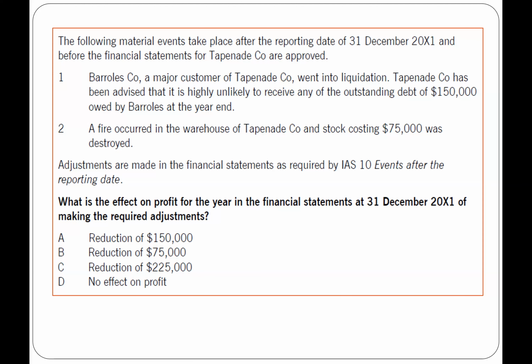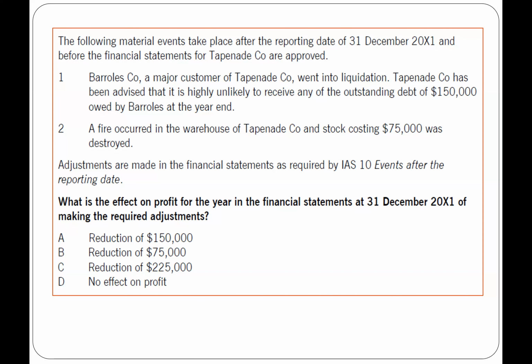We just didn't know about it, which means we need to go back and debit irrecoverable debts by 150,000 and credit our receivables by 150,000. Our question is talking about the effect on profit, which means between the two legs of the transaction, what affects profit is the irrecoverable debts of 150,000, which means our profit is going to be reduced by 150,000.